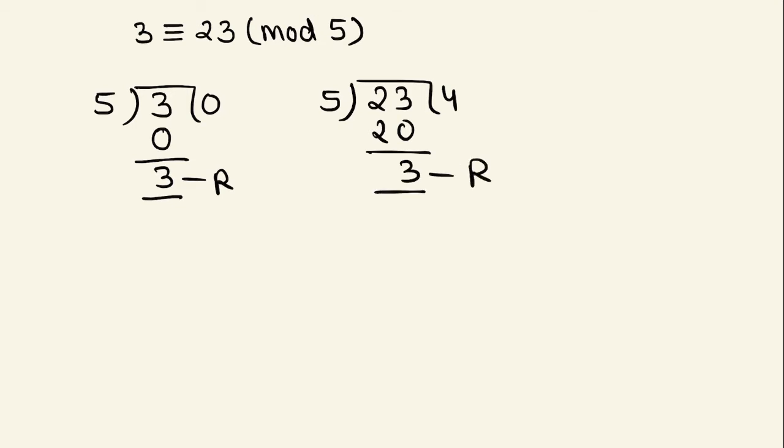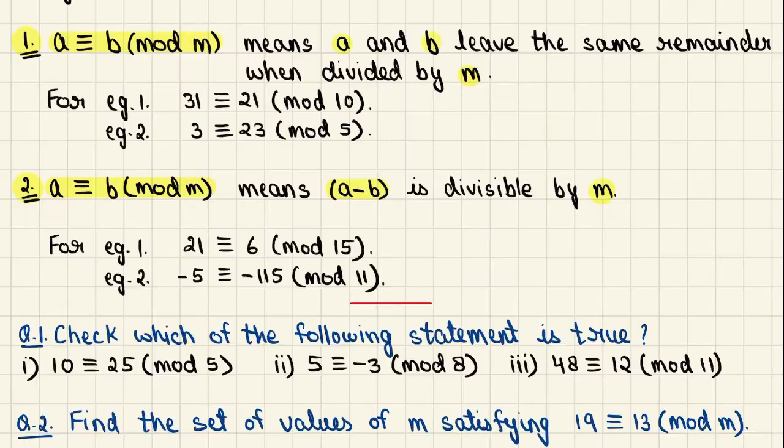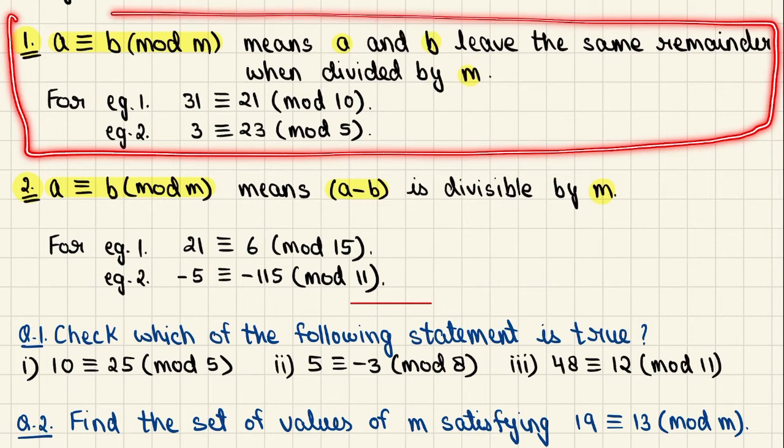So again in these two cases the remainder comes out to be the same, hence 3 is congruent to 23 mod 5 is a correct statement. So one way to understand this definition is this.